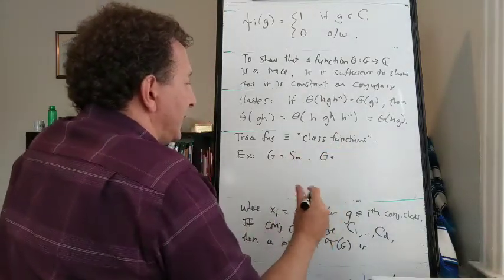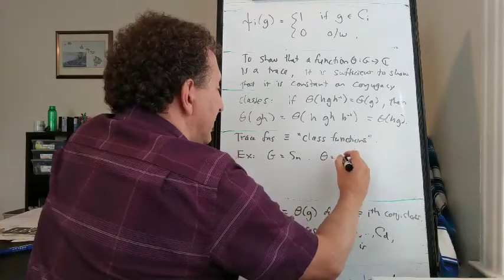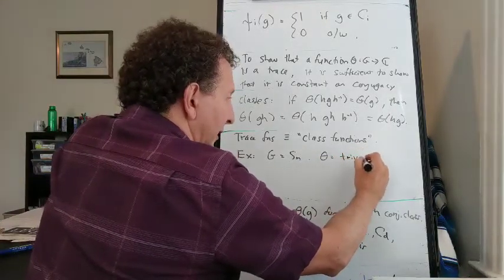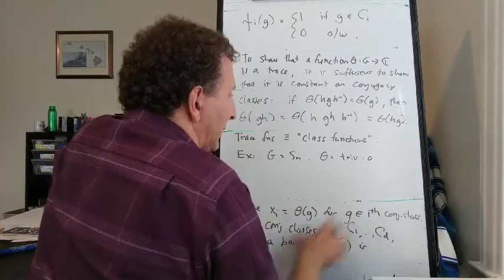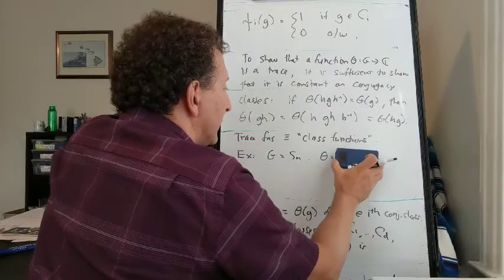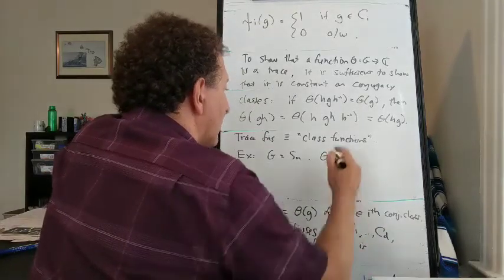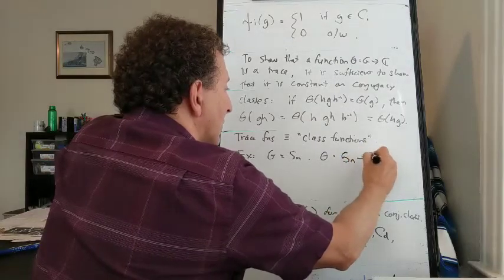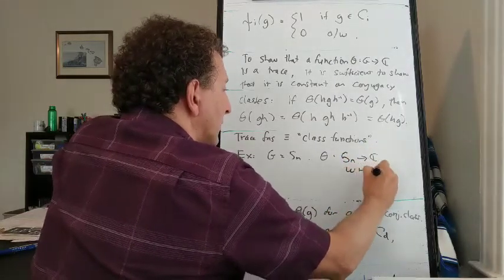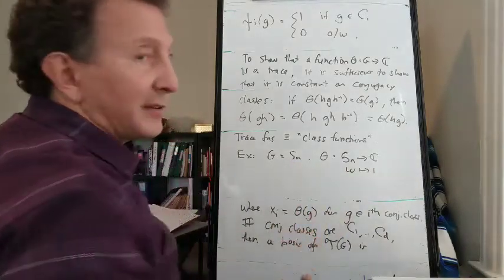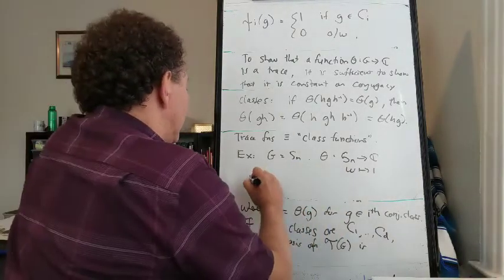Let's let theta be the trivial function that sends every element W to 1. Then theta is constant on conjugacy classes because it's constant on the whole group.